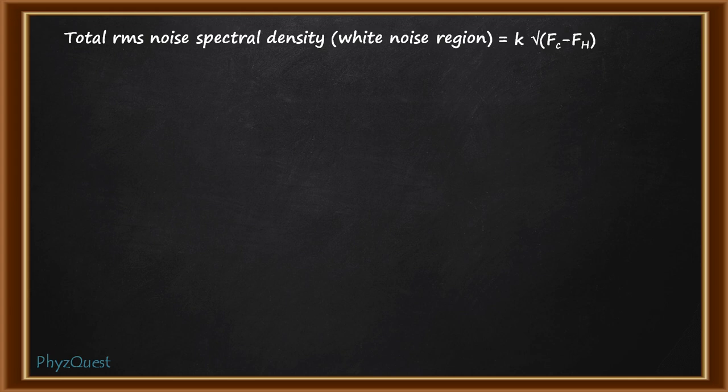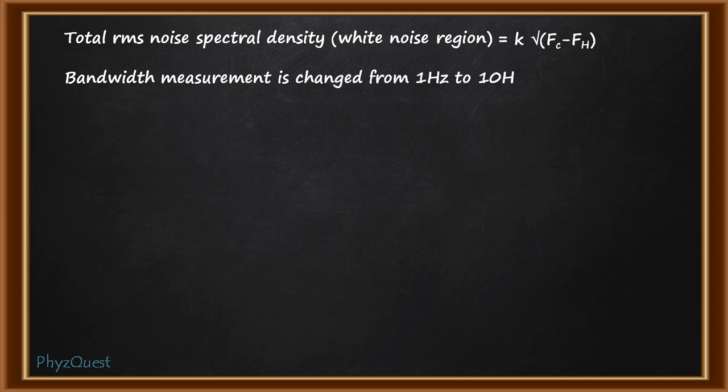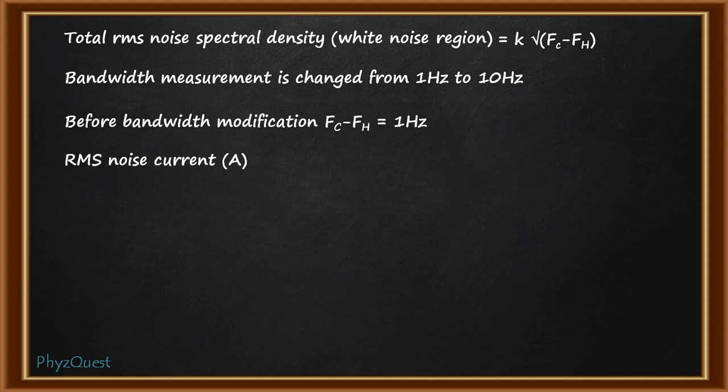It is given that the bandwidth of measurement is changed from 1 Hz to 10 Hz. We need to calculate the ratio of the RMS noise before and after the bandwidth modification. So before bandwidth modification, the bandwidth is 1 Hz, so RMS noise current A is equal to K square root of 1.